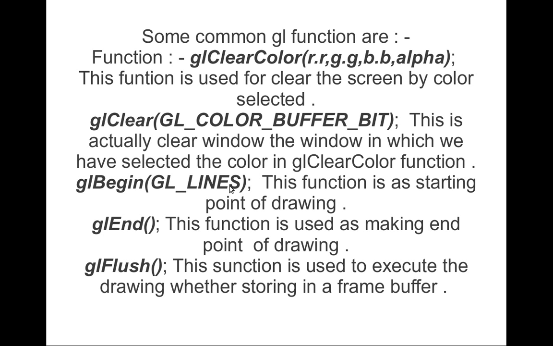You can type triangles, polygons, etc. I will show you later. glEnd marks the endpoint of drawing; glBegin is the beginning point and glEnd is the endpoint. glFlush is a function used to execute the drawing rather than storing it in a frame buffer.